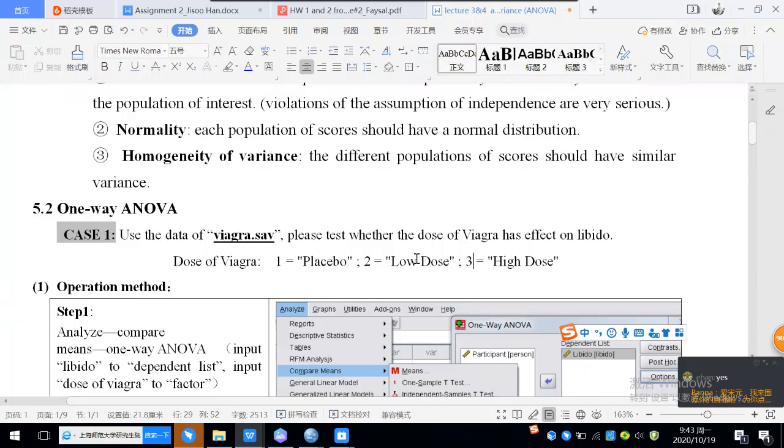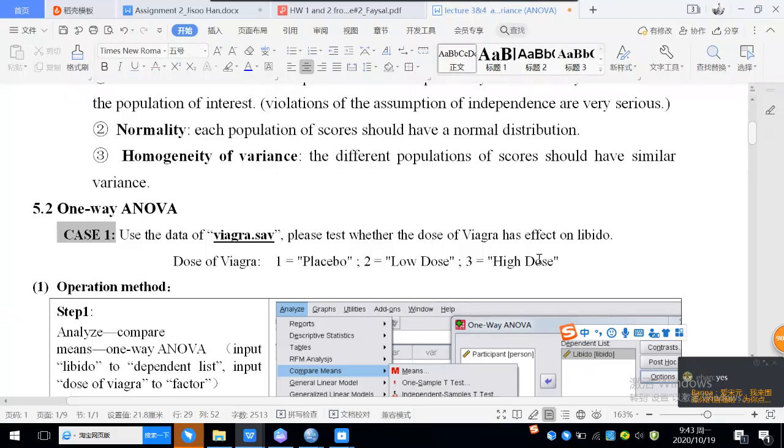All of the people in the experiment will be divided into 3 groups. One group will use placebo, the second group will use the low dose, and the third group will use the high dose of Viagra.